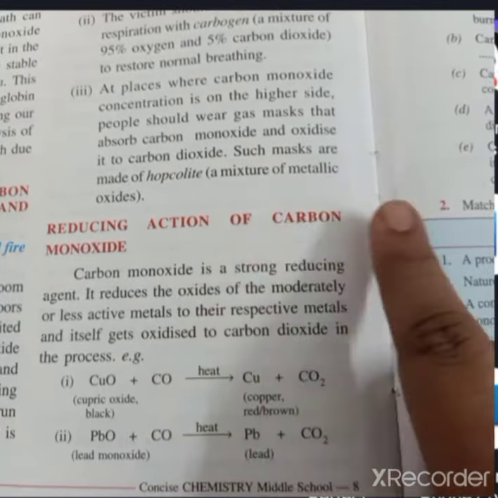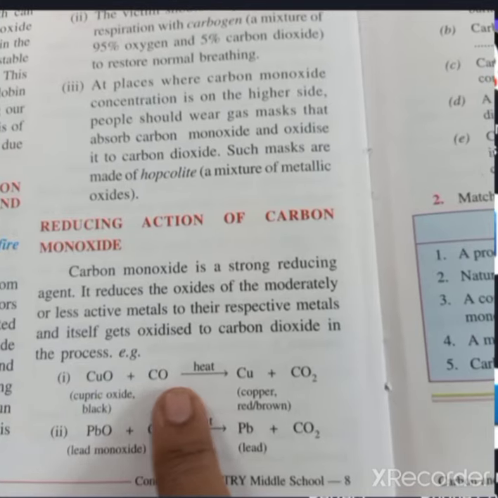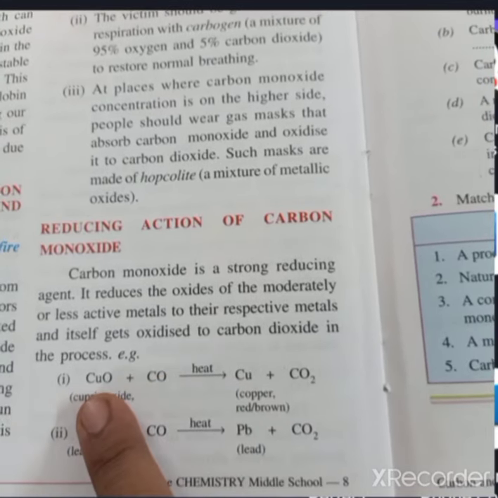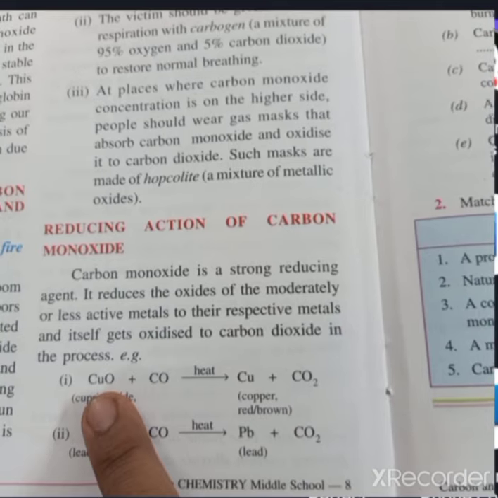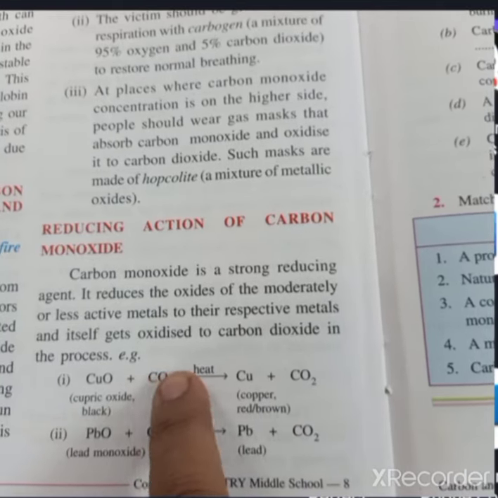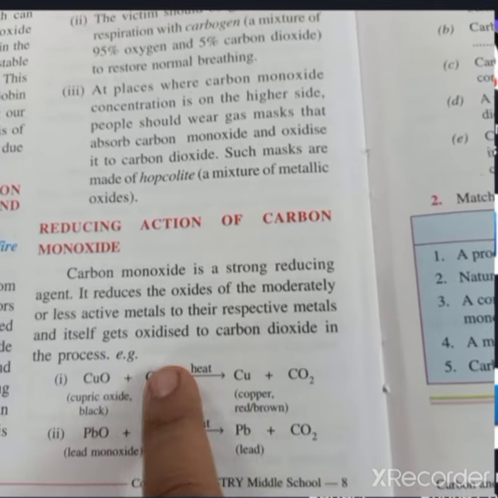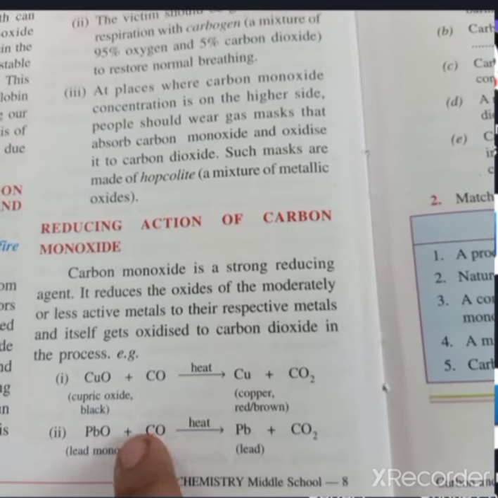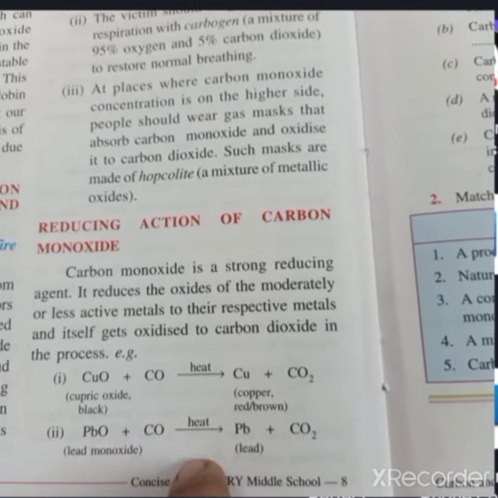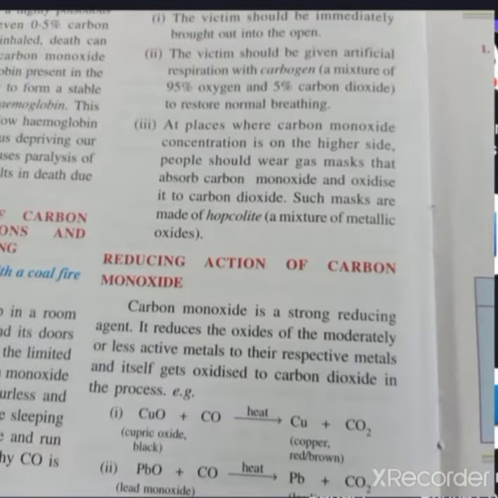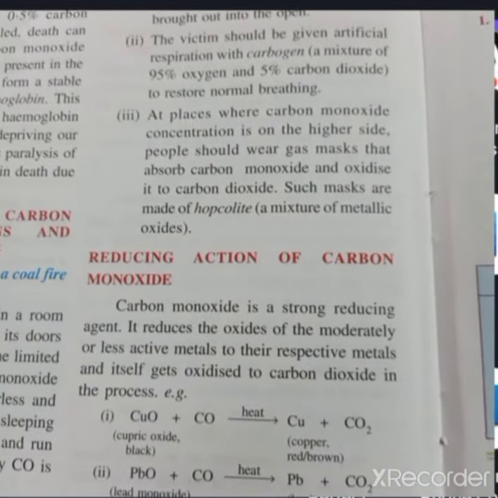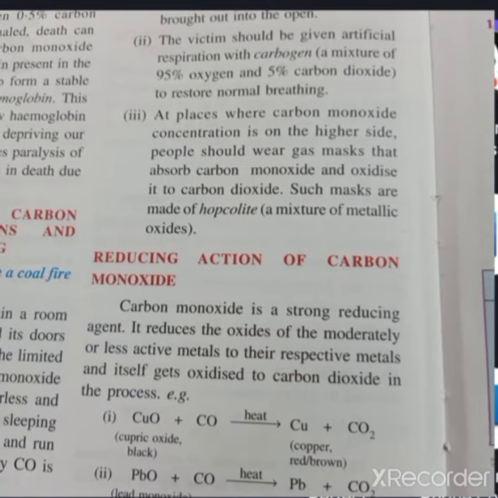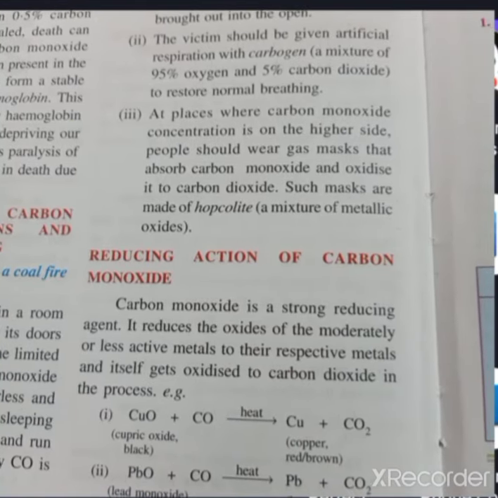It is cupric oxide, CuO, which when combined with carbon monoxide in the presence of heat, Cu, copper, is formed along with CO2. Two oxygens are in the CO2. When we talk about lead monoxide, PbO, when it combines with carbon monoxide, it forms lead plus carbon dioxide. This is because of its reducing action. Carbon monoxide is used in the extraction of pure metals.